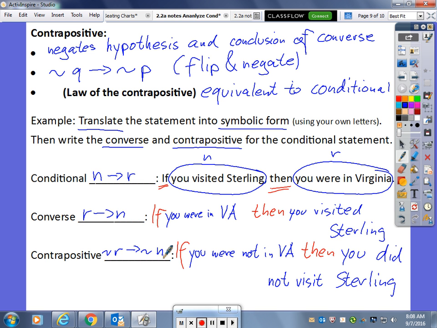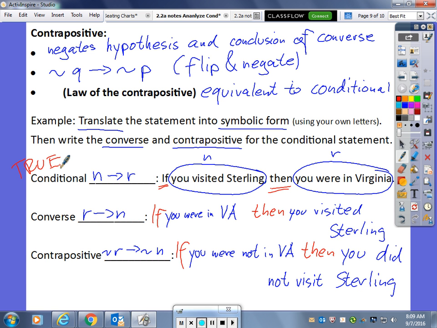And let's think about the truth value for a minute. The conditional statement said, if you visited Sterling, then you were in Virginia. Now, I am talking about the city of Sterling, Virginia, not some other city of Sterling. And if you were in that city, then you were clearly in Virginia. So this is true.